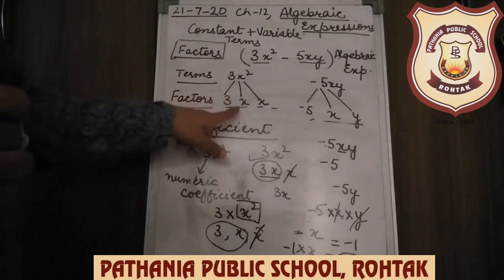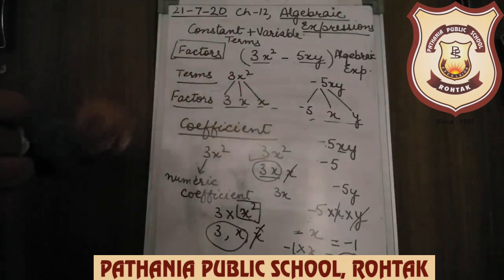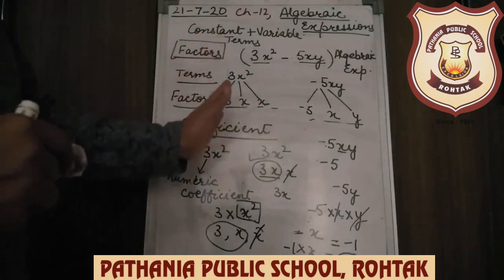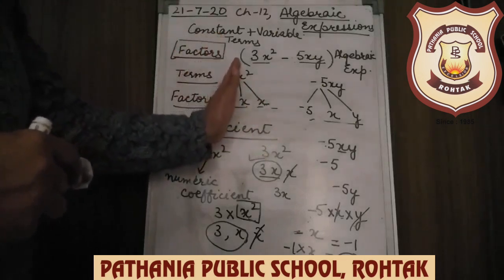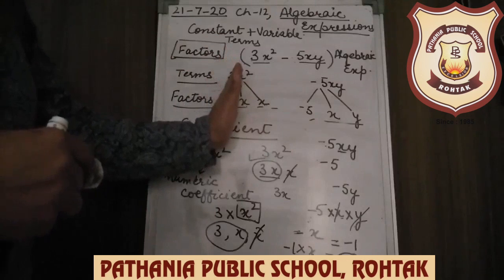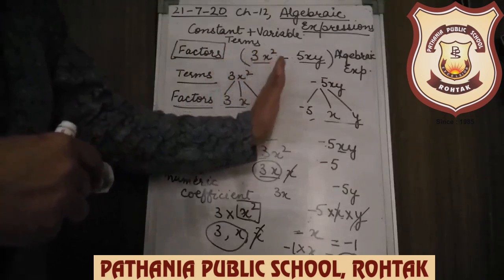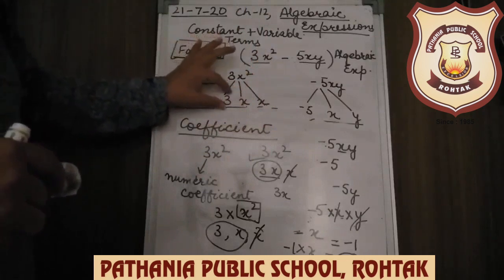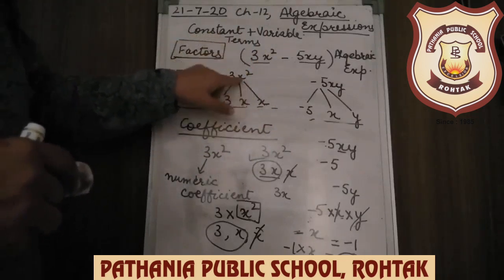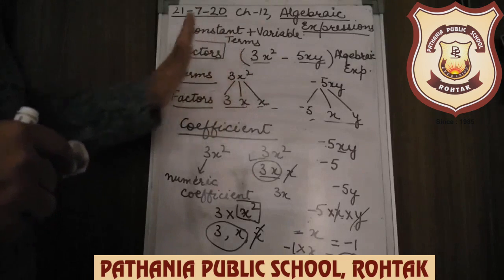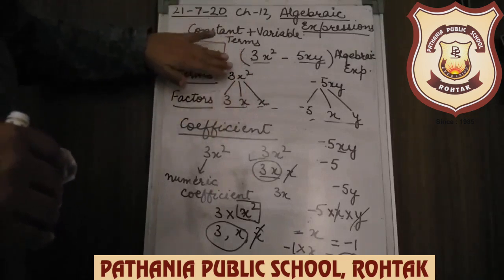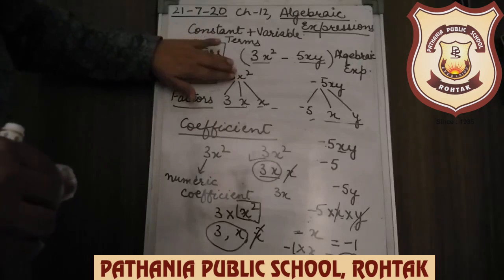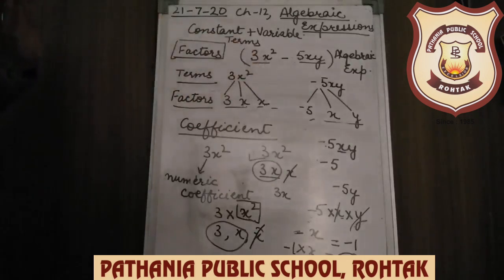Factors separate each term, and if I ask you what is the numeric coefficient, it is the part of the term with respect to the leftover part. If I say write the coefficient for 3, it is going to be x square. So hide that. The simplest way: the one which is asked, cover it, and write only what you are left with.